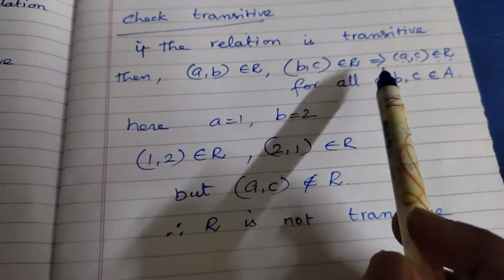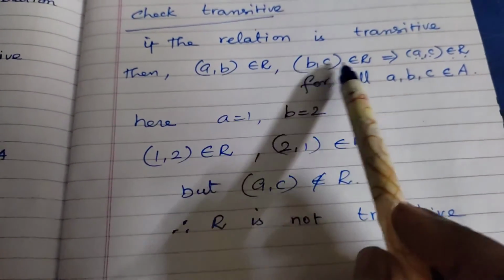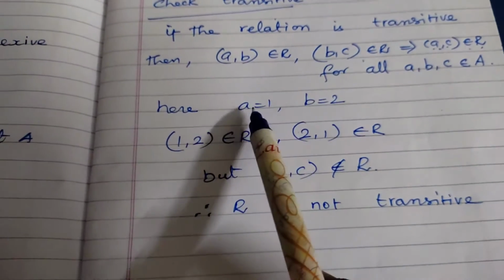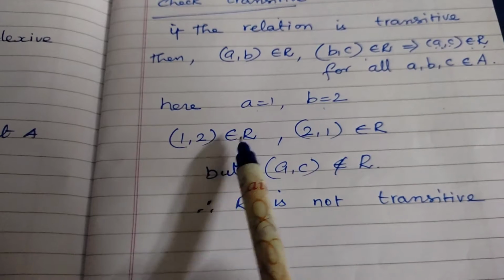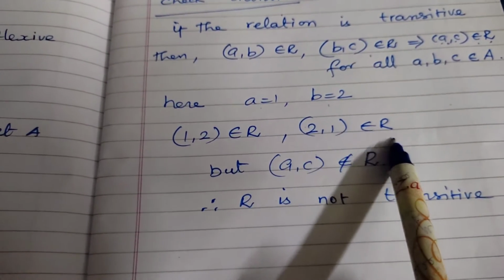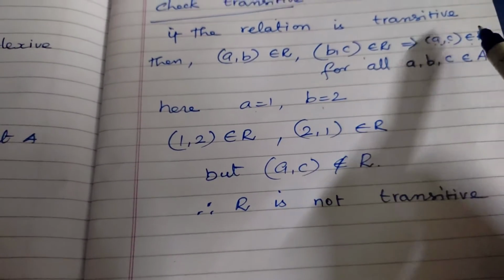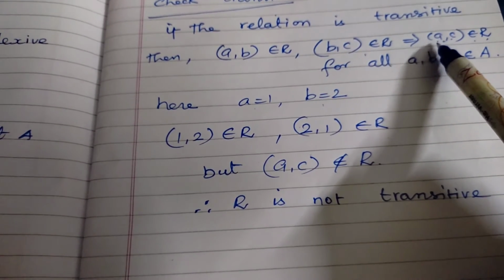If the relation is transitive, then this is the condition. Here we have a equal to 1, b equal to 2, and (1, 2) belongs to R, another pair (2, 1) also belongs to R, but we don't have this pair.